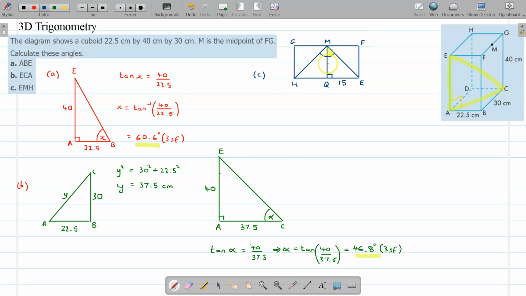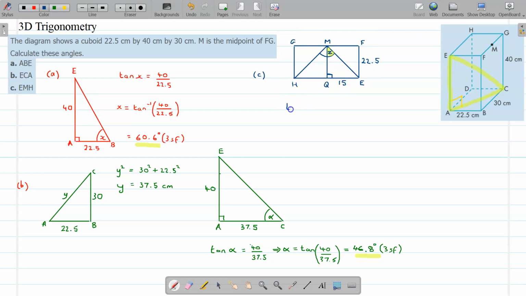I'll just put it there, 22.5. So using right-angled trigonometry, to get that yellow angle, let's call that angle Z.